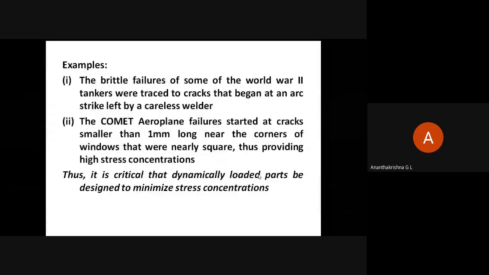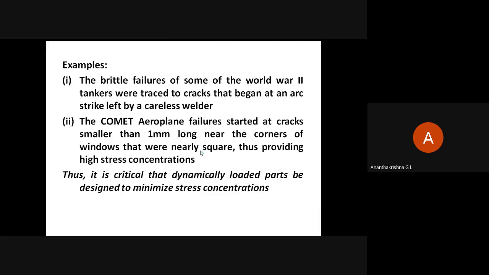Then we learnt about two examples. One is the World War II tanker failure, and then the Comet aeroplane failure, which essentially had sharp corners where the cracks were present, and eventually it failed because the plane is subjected to pressure variation during every landing and takeoff.